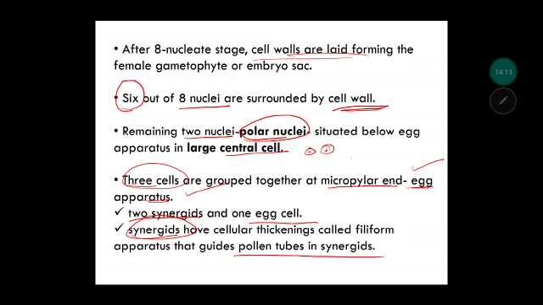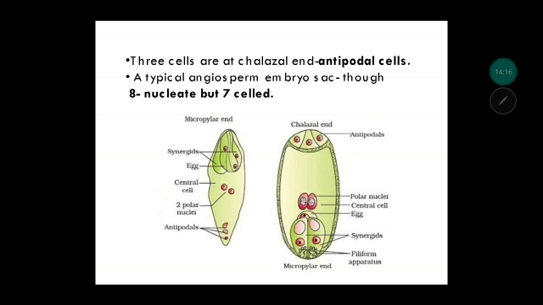Now just to clarify this concept, let us look at this diagram first. This is the central cell. The 2 nuclei in the center are referred to as polar nuclei. At the micropylar end there is an egg apparatus, as you have seen in the previous slide. The egg apparatus contains 2 synergids and 1 egg cell.